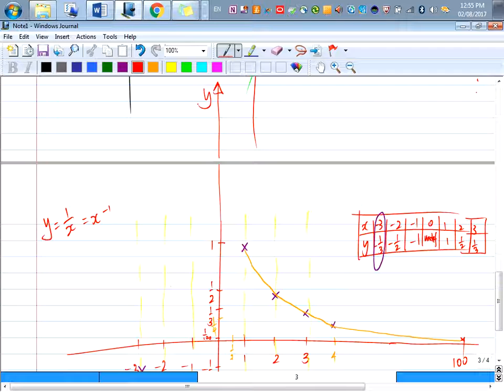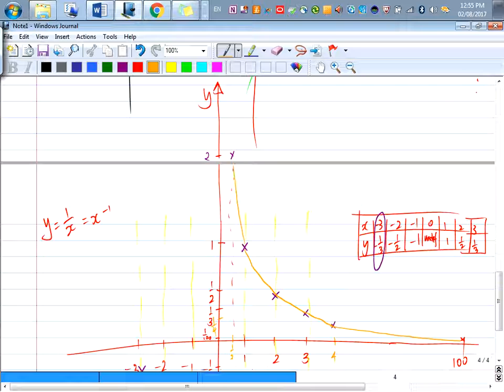X power negative 1. Yeah, it is equal. 1/x is equal to x power negative 1. So what did you all get when x equals half? What is the value of y? 2. Okay, since 1 is here, then 2 will be probably somewhere here. Okay, when x equals half, y equals 2. So I will join up my graph.